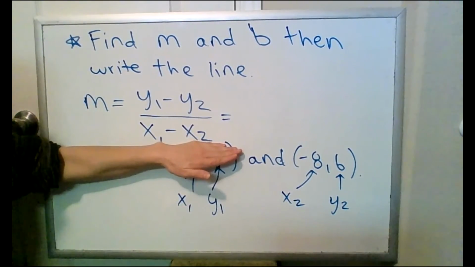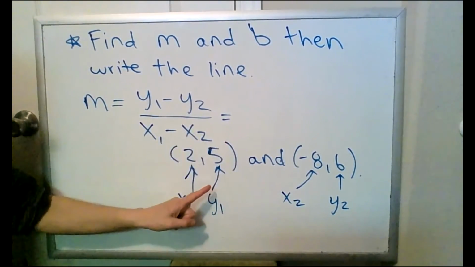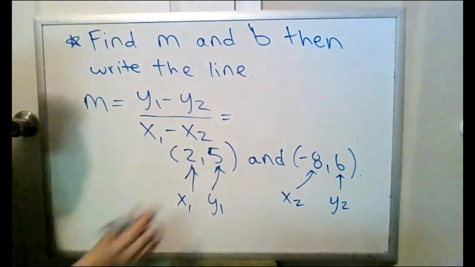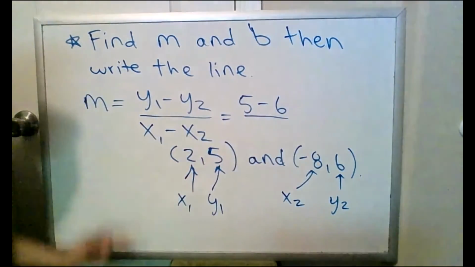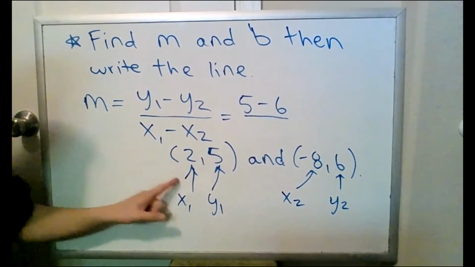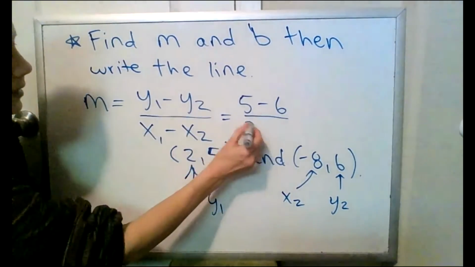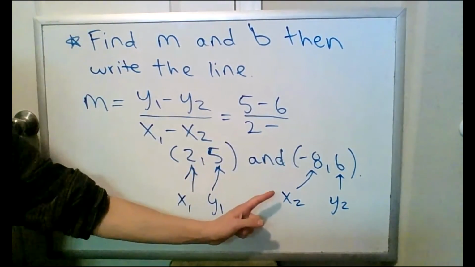What's the first part? We want this guy, 5 minus 6, over this one, 2 subtract negative 8.